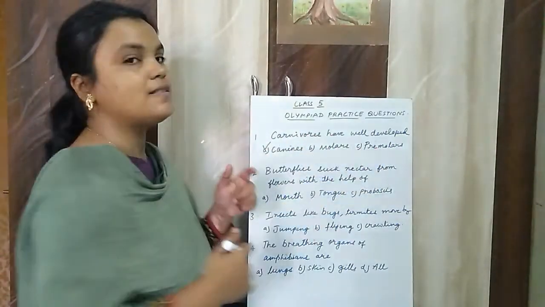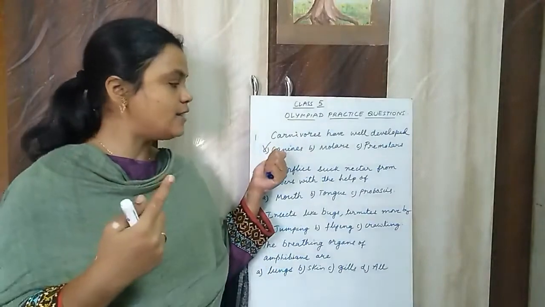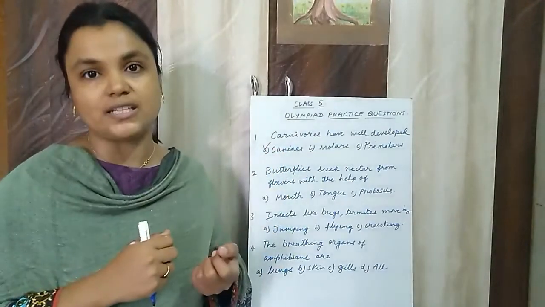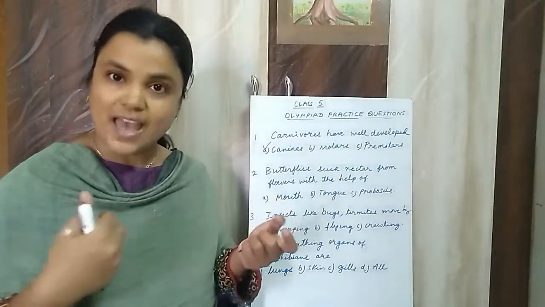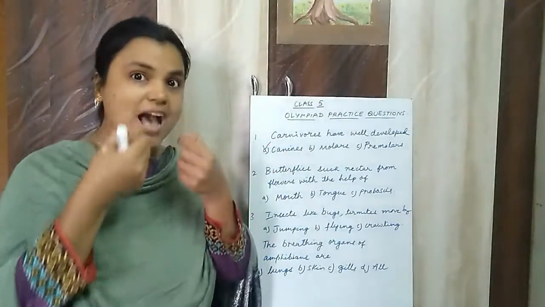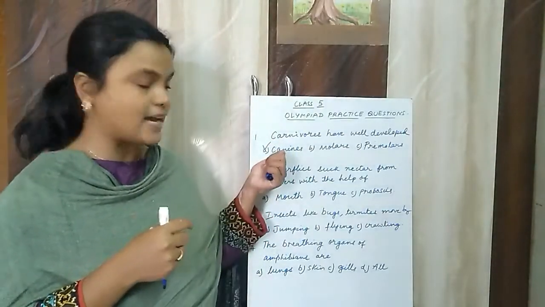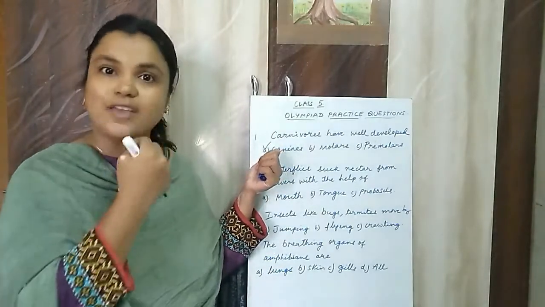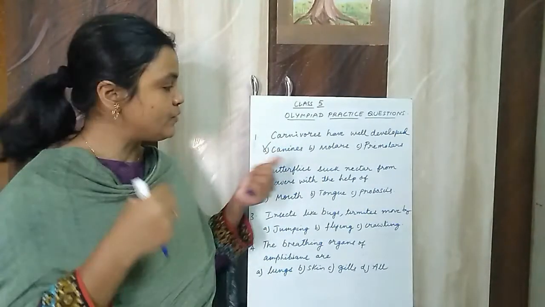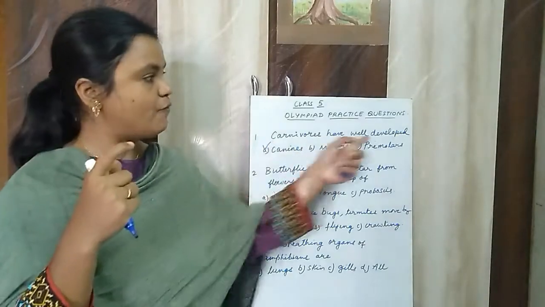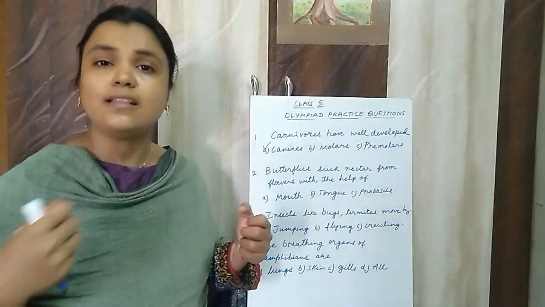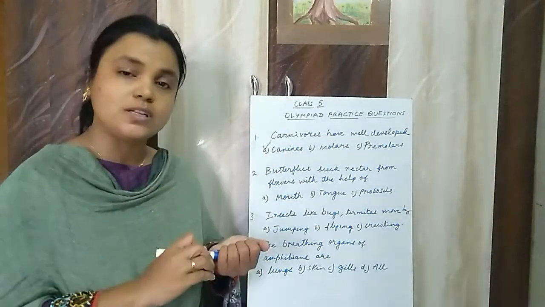Molars and premolars are for grinding the food. Here they need to tear the flesh of animals, so for that reason they have sharp edged canines. We have 2 pairs of canines, very sharp and well developed, for tearing. So what is the correct option here?